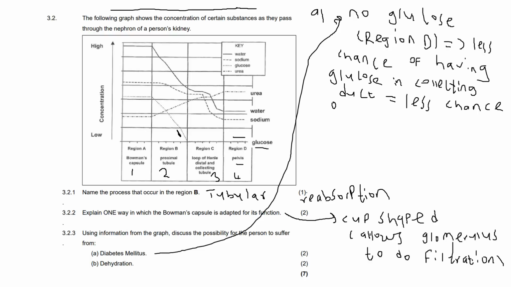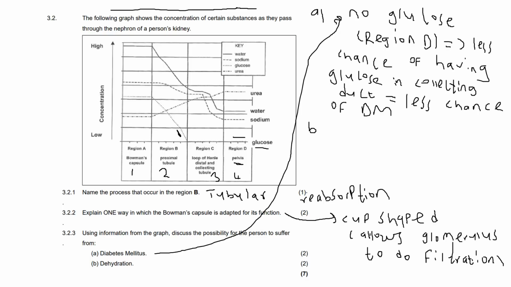If you're having a lot of glucose towards the end, the kidneys are in trouble. So there's less chance of having diabetes mellitus, which is DM.